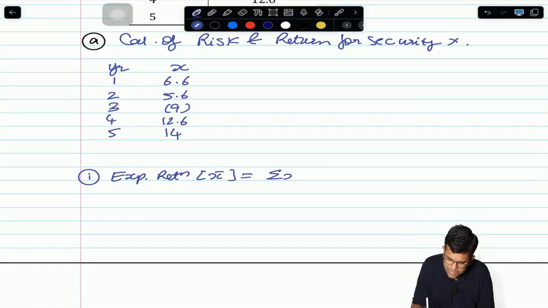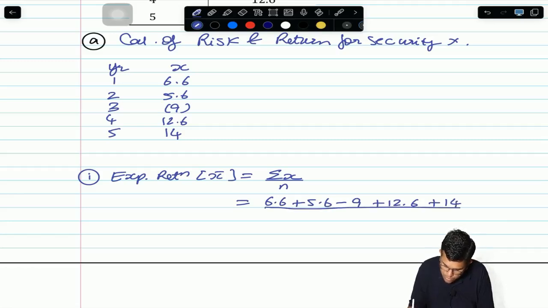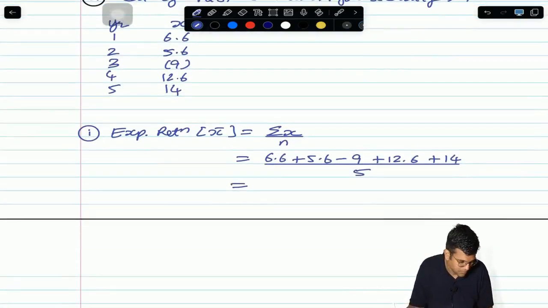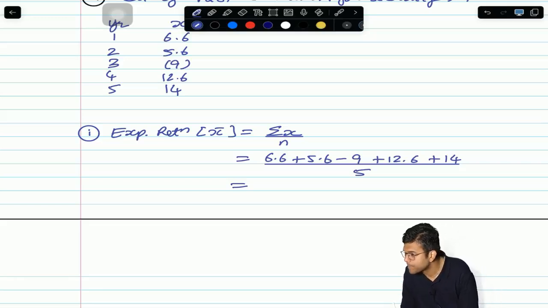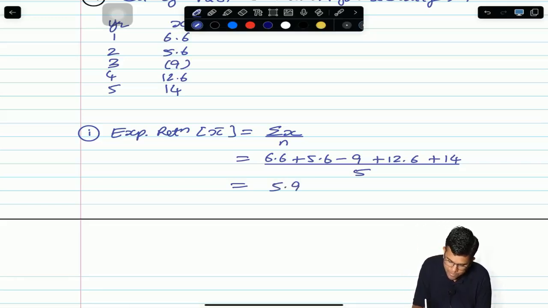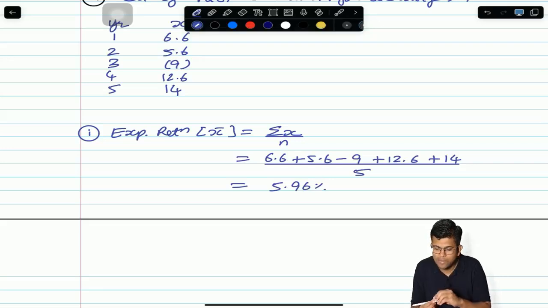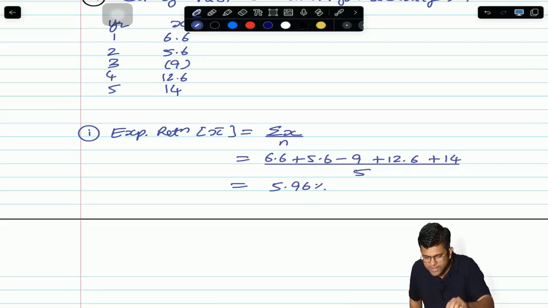Formula will be summation X divided by N. That will be 6.6 plus 5.6 minus 9 plus 12.6 plus 14, the whole divided by 5. Give me the number please. 5.96%.